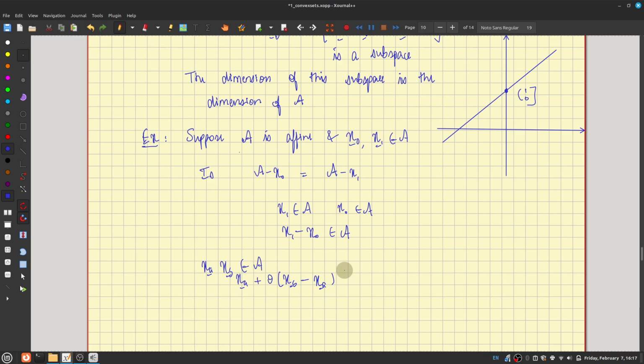So what does this define? This defines a straight line, correct? For example, in 3D, an affine set could be a plane.